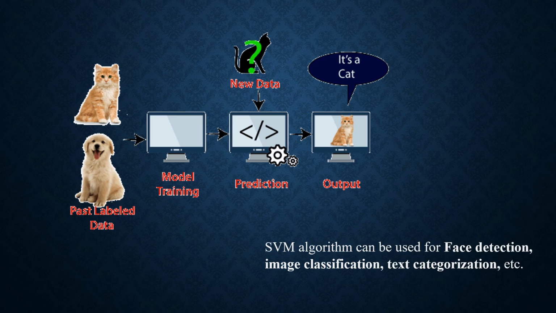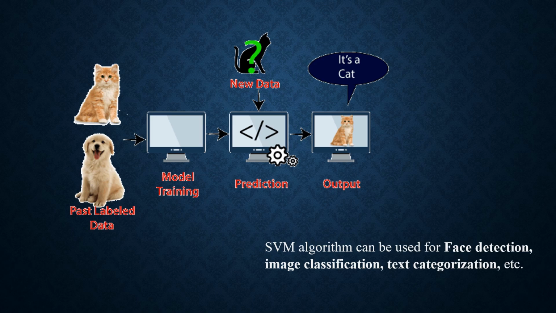And now we are going to see an example in SVM. SVM can be understood with the example that we used in the KNN classifier. Suppose we see a strange cat that also has some features of dogs. If we want a model that can identify whether it is a cat or a dog, such a model can be created by using the SVM algorithm.